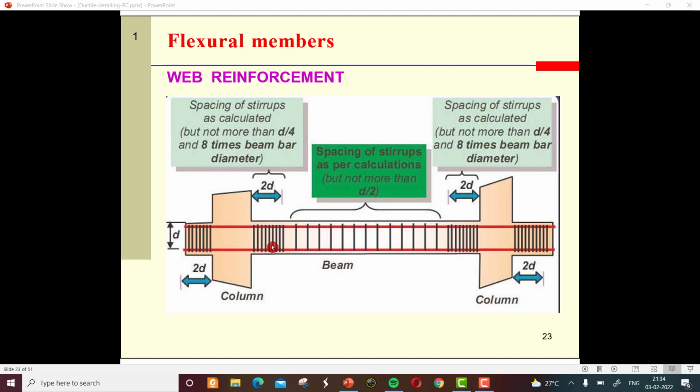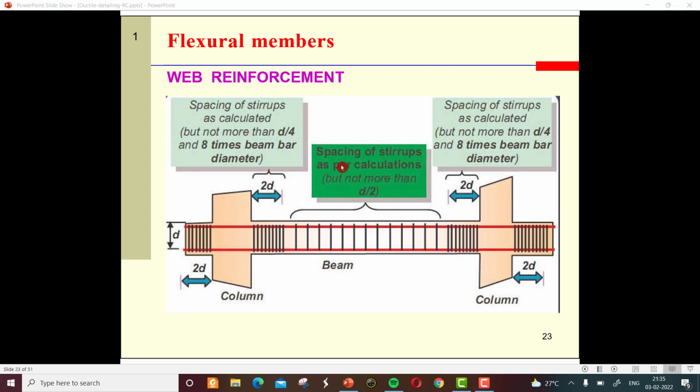Another figure. You can see that near the column faces the stirrups should be closely spaced, and in the mid portions we can increase the spacing. The spacing of stirrups as calculated, but not more than d by 4 and 8 times the beam bar diameter.